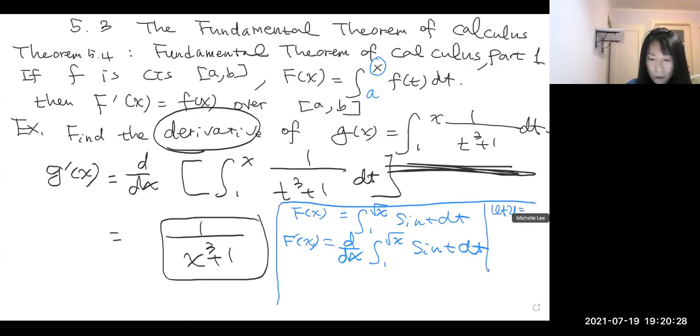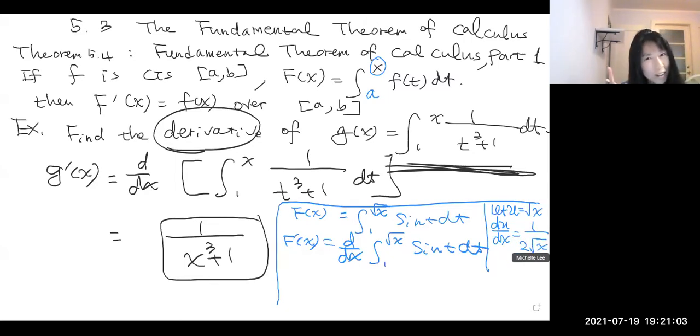Let u equal square root of x. Now we do the derivative of the left side. Then the right side, what do you get? Square root of x. One over 2 square root of x, right?